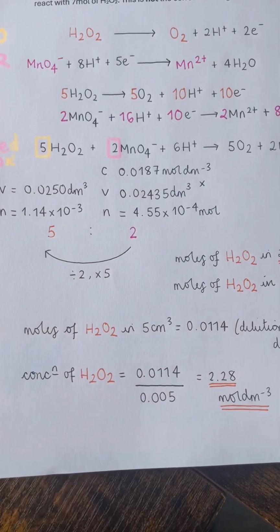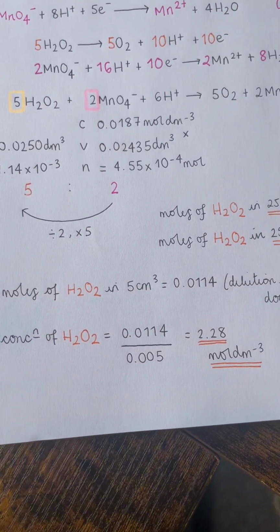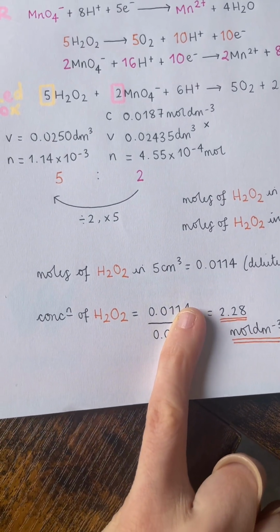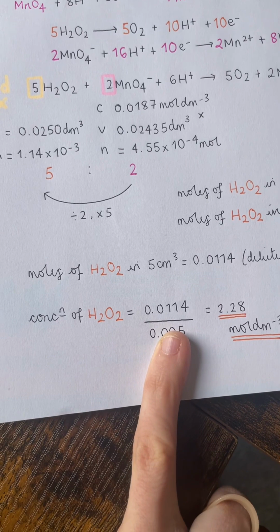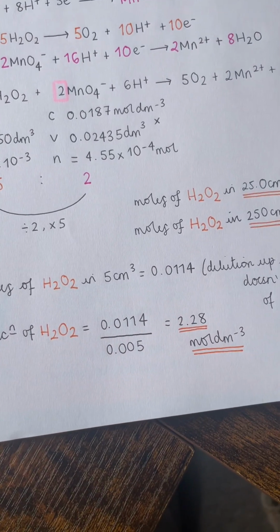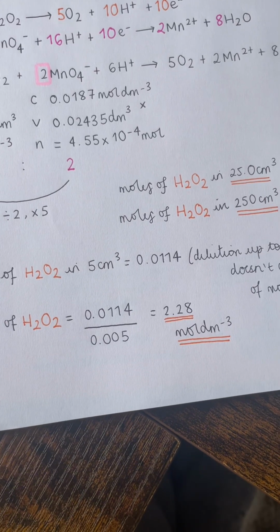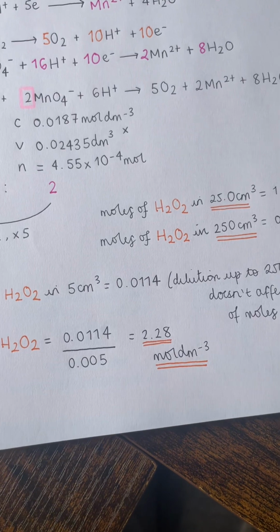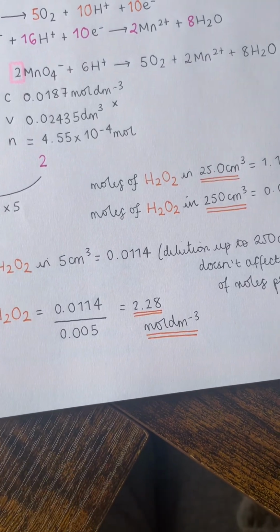So if we then want to know the concentration of the original hydrogen peroxide solution, we've got the moles, and in the beginning, that amount of moles was only in 5 centimetres cubed. So we can get concentration by doing moles divided by volume, and I get an answer to 3 significant figures of 2.28 moles per decimetre cubed. That's one of the reasons why we probably dilute it, because that's very strong.